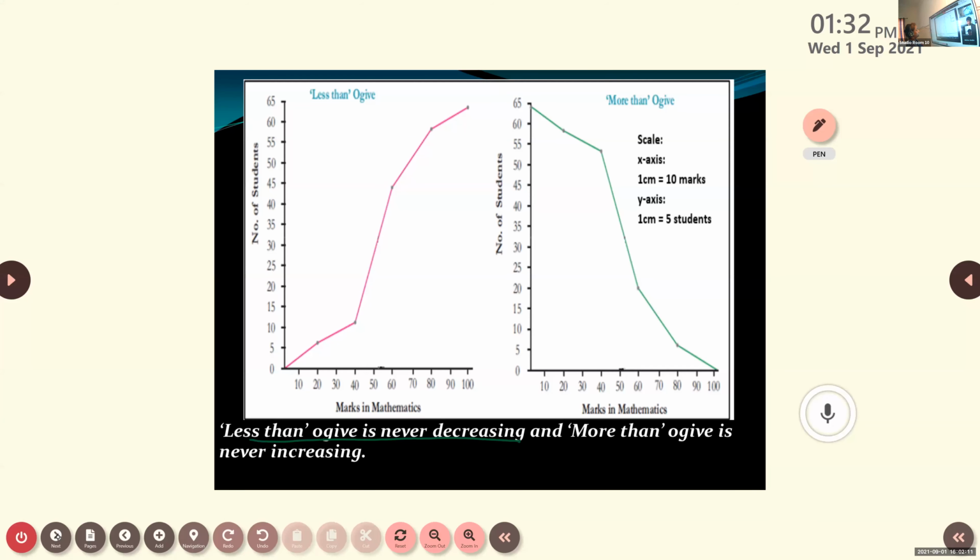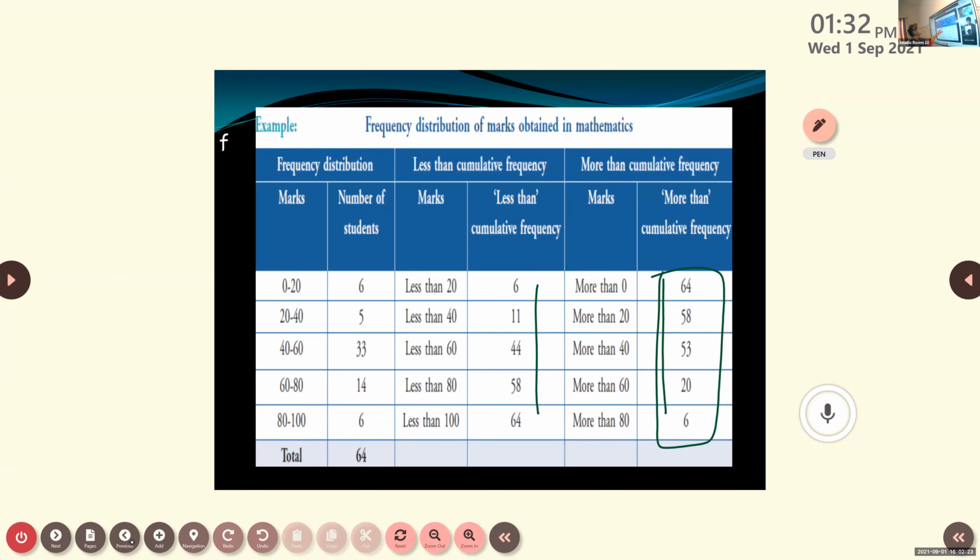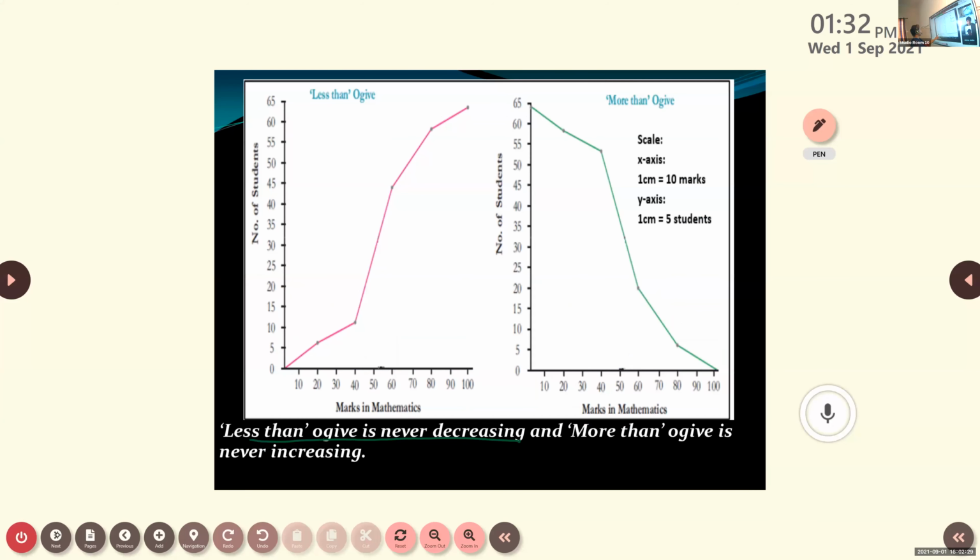Now, whatever is given is marked here. Here the first category, that is 20, right? Less than ogive. Here, less than 20, it is 6. So it is marked here, for 20. 6 is marked.